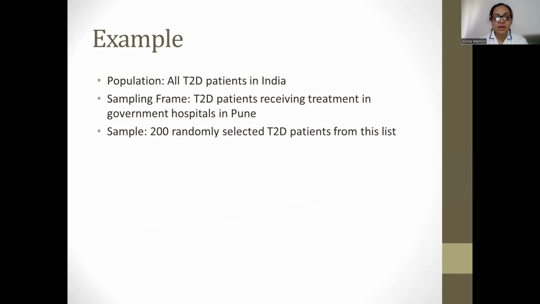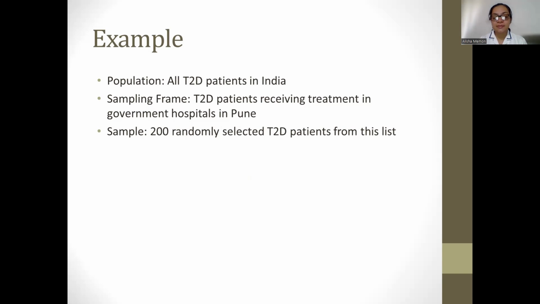Here's an example for you all to understand the difference between population, sampling frame, and a sample. So for example, population is the population that we want to study, which in this case is all patients with type 2 diabetes in India. Now, if we have to derive a sampling frame out of this, you can see we can put a characteristic like type 2 patients receiving treatment in government hospitals in Pune.